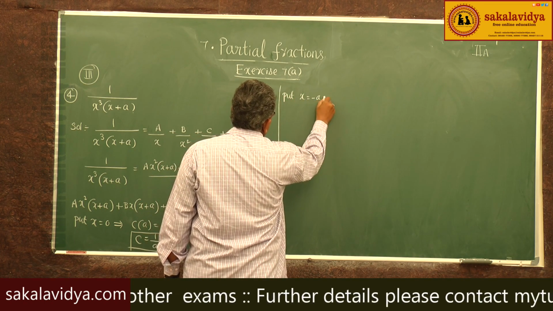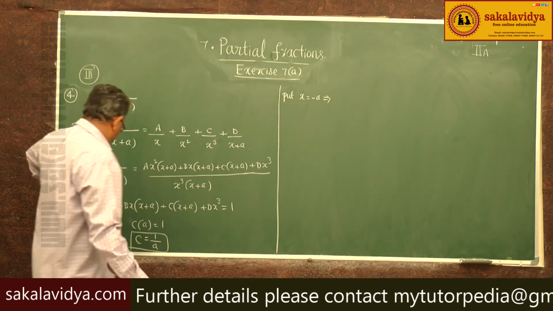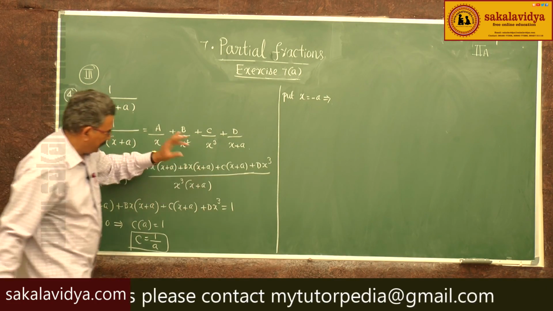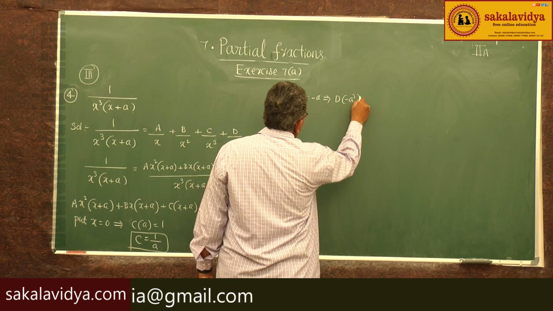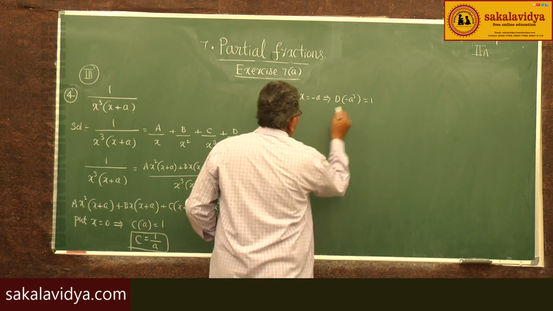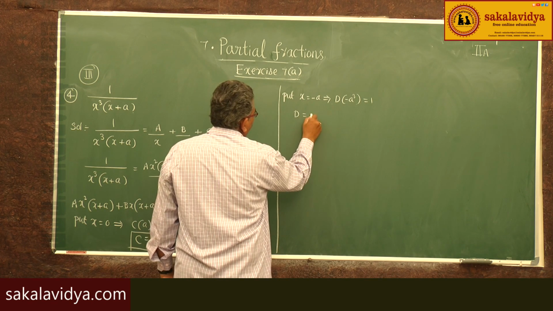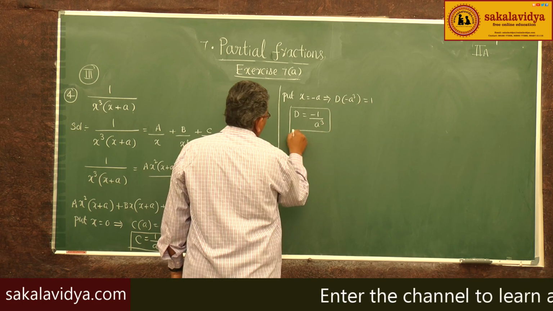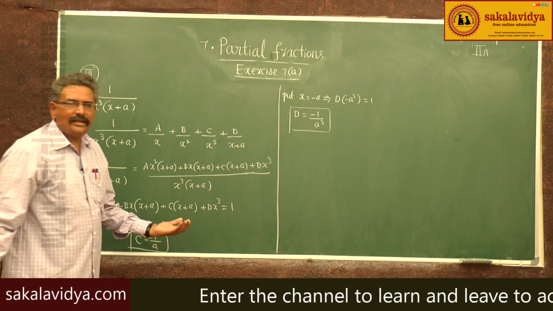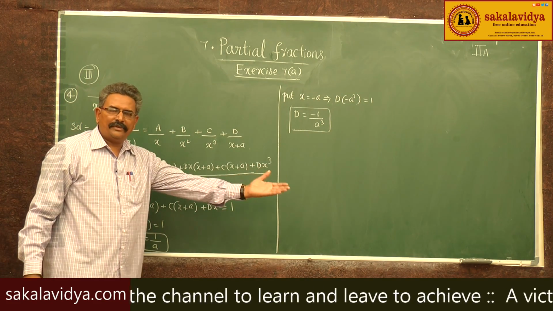If you put x is equal to minus a, this becomes 0, this becomes 0, this becomes 0. D of minus a cube equal to 1. So, d equals minus 1 by a cube. Now, only 2 values so far we have determined.